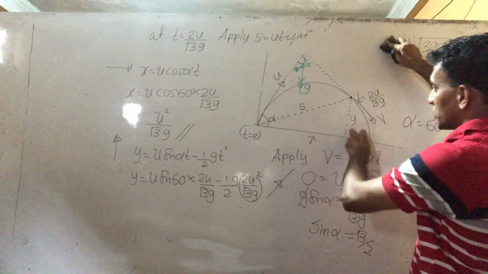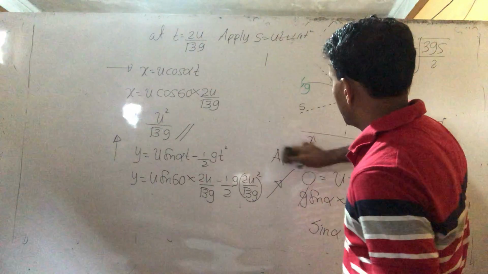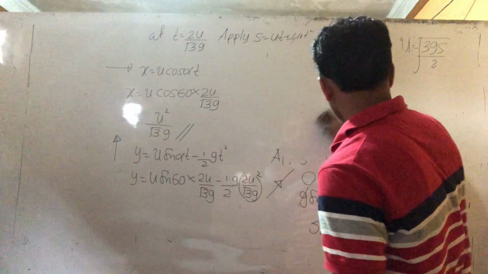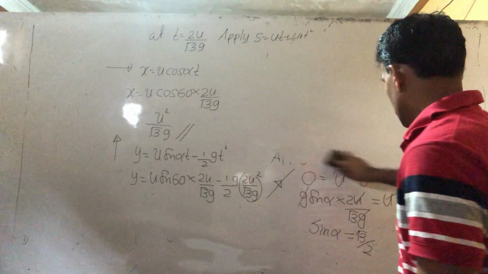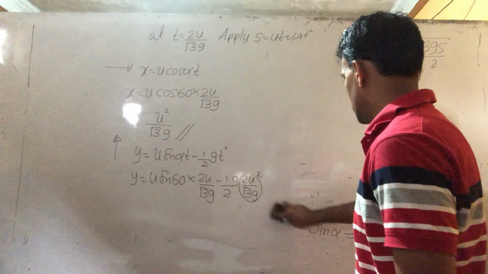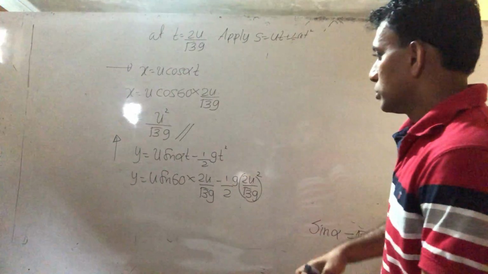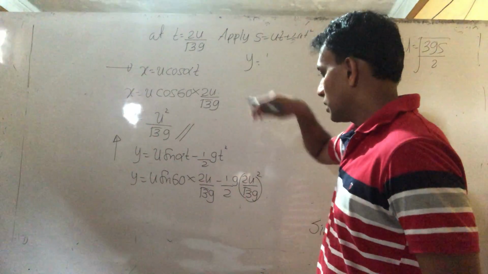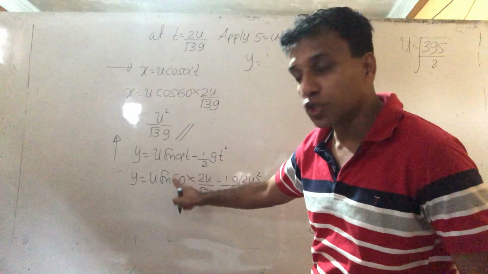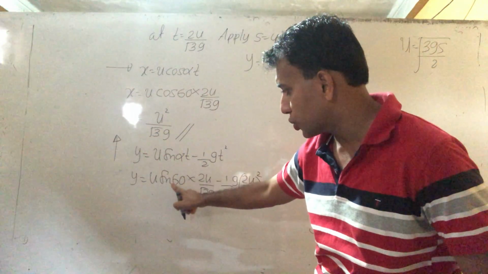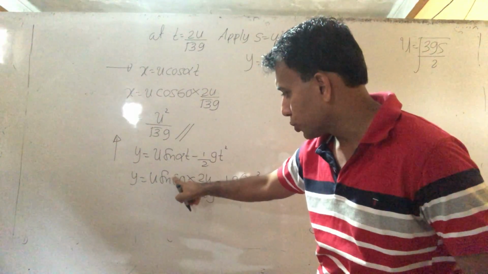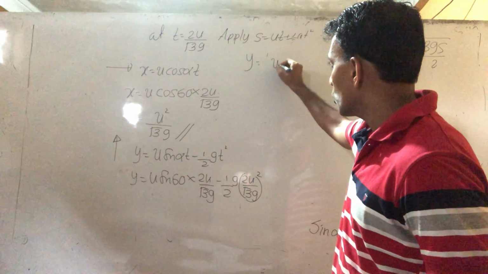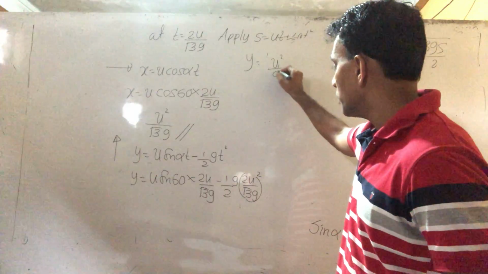So we have to find x and y, then apply the Pythagoras, right? So what is that? Y equal sine 60, root 3 by 2, so root 3 cancel, 2 cancel. Therefore u square over g.